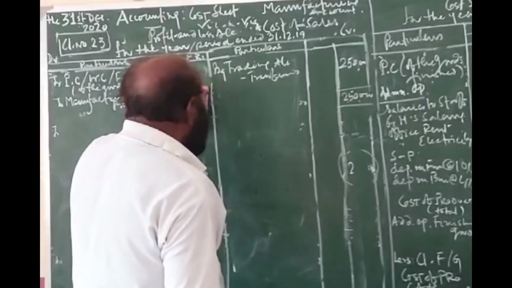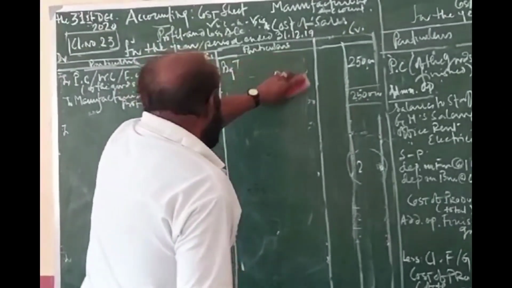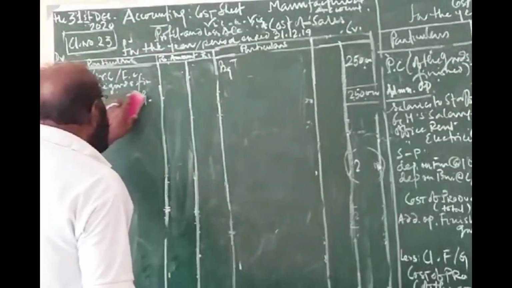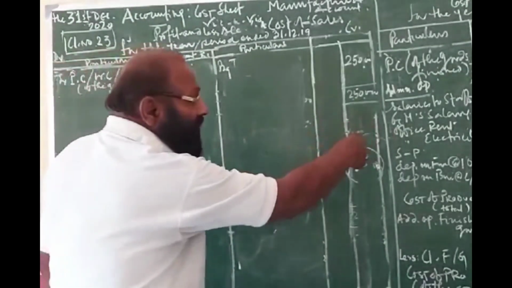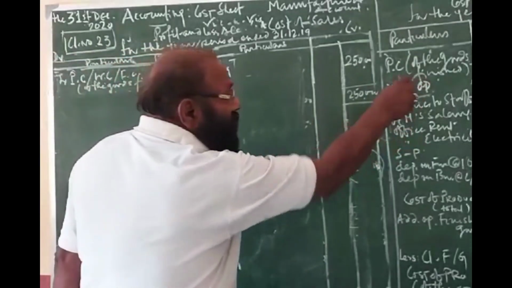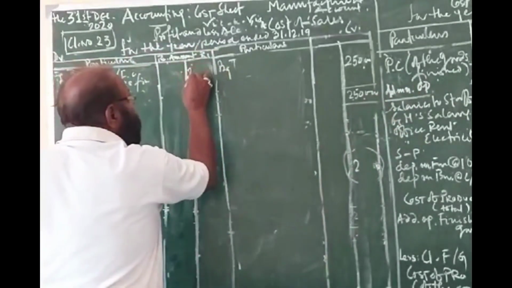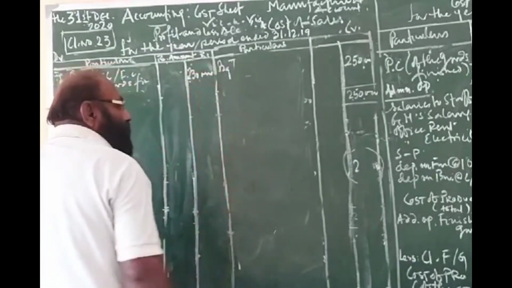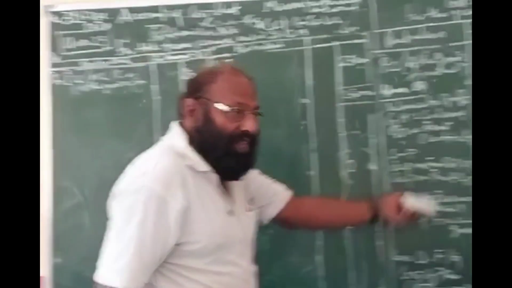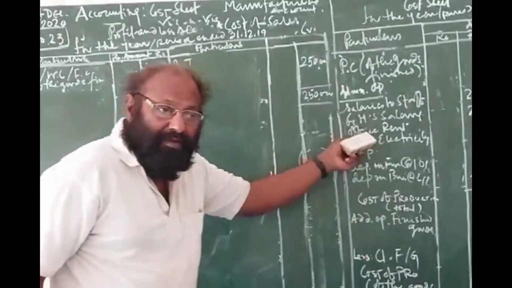But on the basis of this information, we are preparing the account, so I am not adding all these things. I am just showing the factory cost of the goods sold, in parity with our cost sheet. The cost of goods sold is 2,50,000. Clear? Now we have to add all the administrative overhead. Any problem?